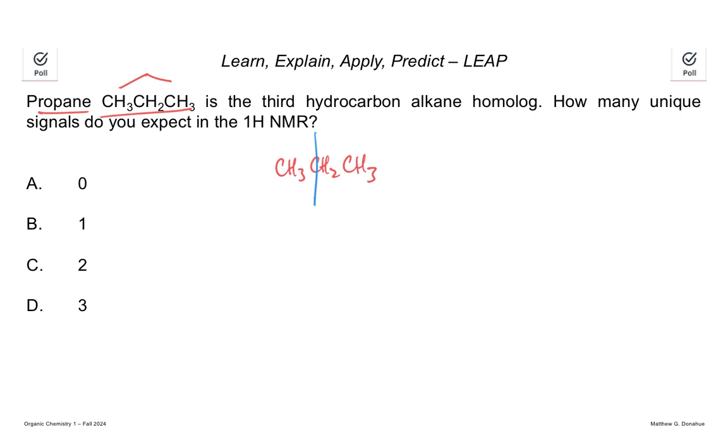So we would say there's 2 unique sets. When we say set, we're really talking about the signals that we should see in the NMR. Of those 2, we need to supply 2 numbers in the parentheses, the sum of which is the total number of hydrogens in the molecule.